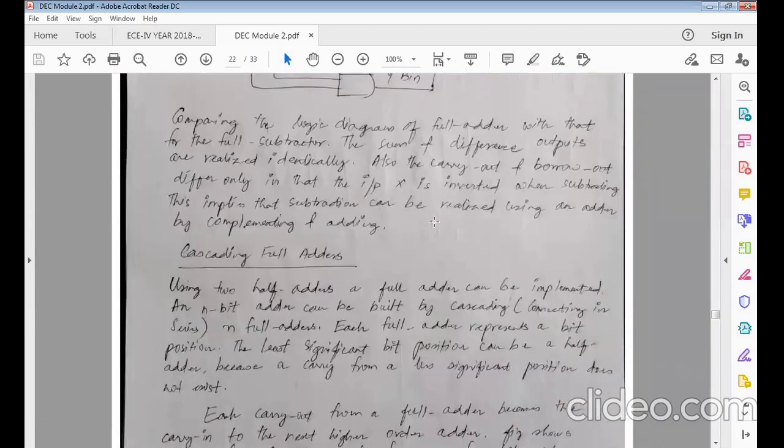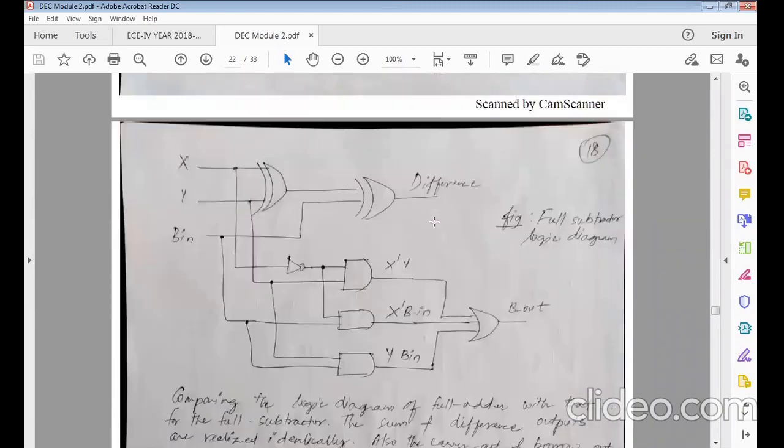Any doubts here, students, with regards to the subtractor? I hope it's pretty simple, right? Any doubts here?